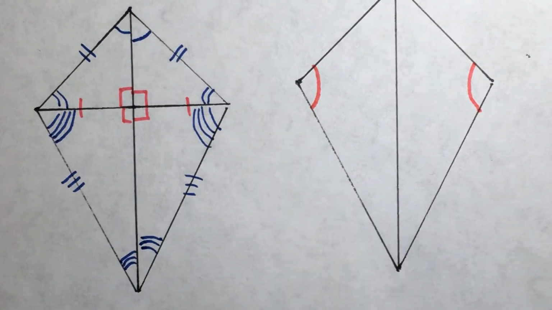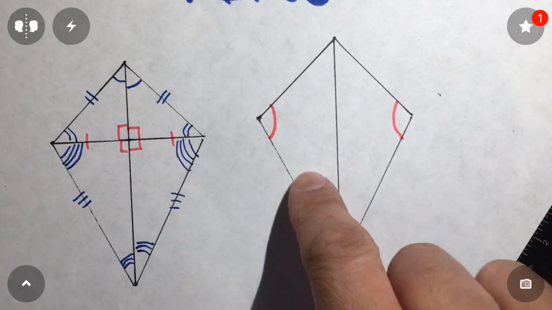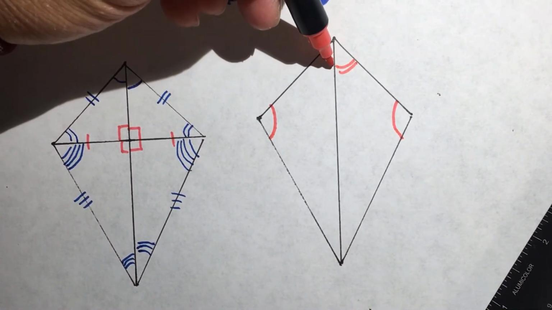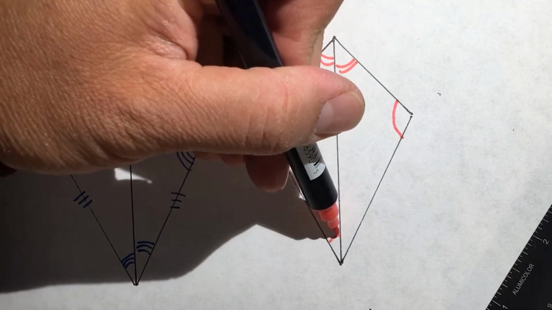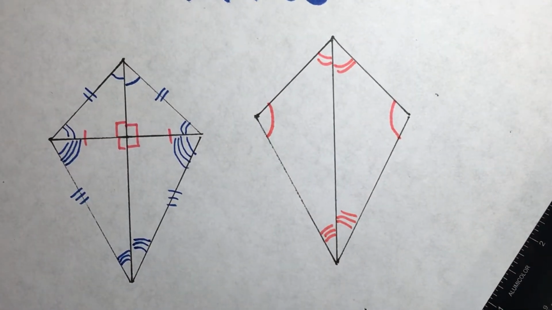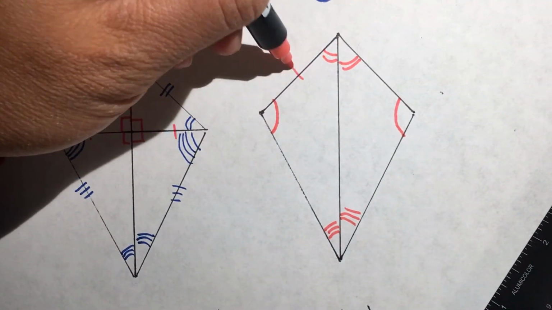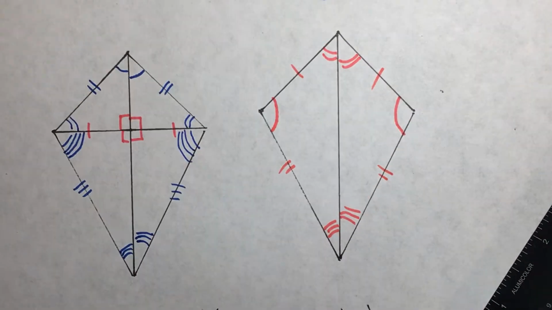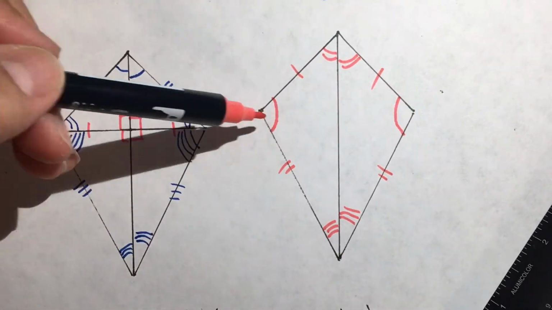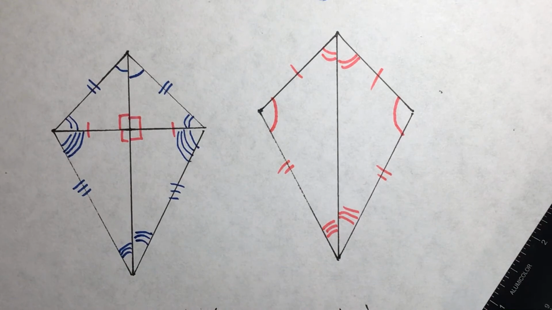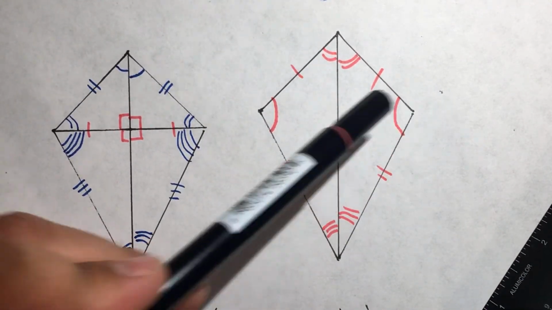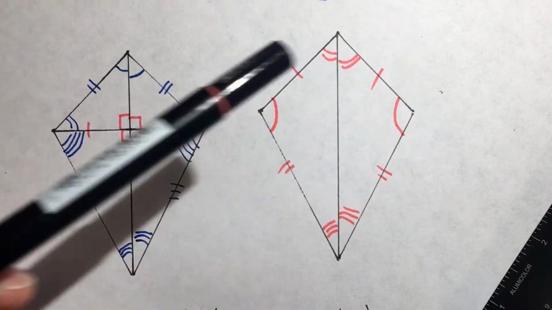And just a reminder, as we're focusing on these 2 triangles, this angle is congruent to this angle, just like we said there. This angle is congruent to this angle, as we said there. Okay, and then for funsies, adjacent sides congruent. So if we didn't have this horizontal diagonal, then there's some facts there. But this is the big one. These are the only opposite angles that are congruent.